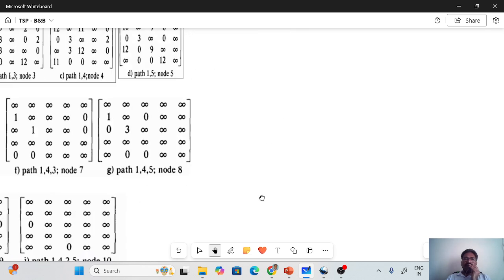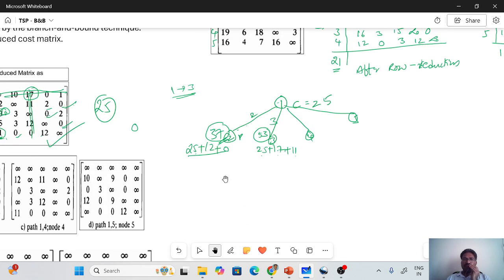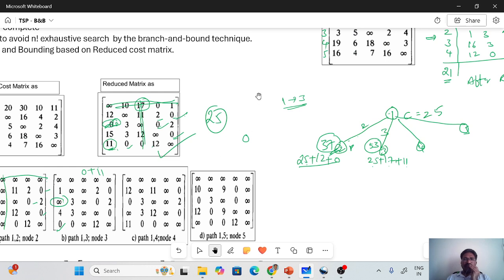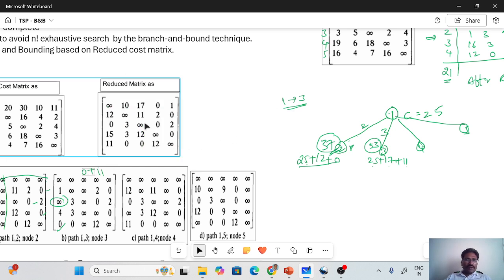In the same way, go with the 4. So for the same adjacency cost matrix, after the initial row and column reduction, now what is our path? 1 to 4. 1 to 4 is nothing but row 1, fourth column, 1 4 and 4 1.